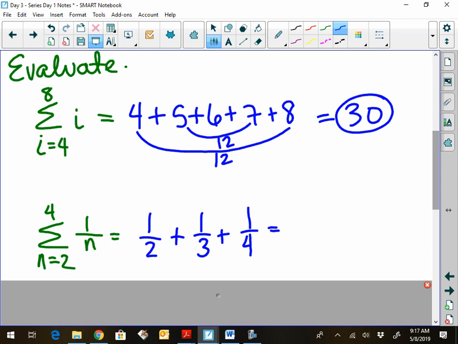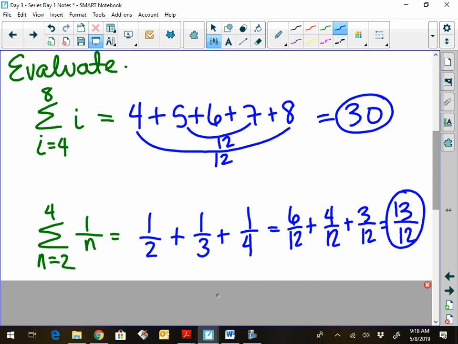So let's find our common denominator. I believe that it should be 12, right? That would be our least common multiple of our denominators. So we get 6 over 12, plus we multiply 1/3 by 4 over 4, so we get 4 over 12. We multiply 1/4 by 3 over 3, so we get plus 3 over 12. When we add all of those up, we get 13 on top over 12 on the bottom. And that would be the sum of this series.